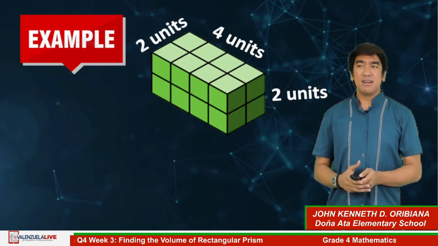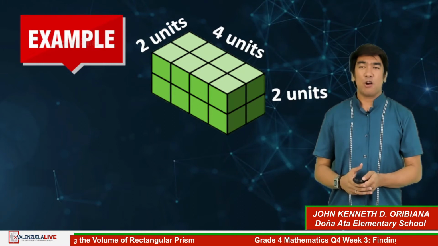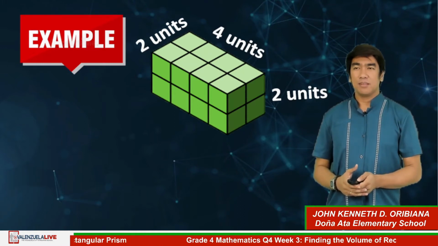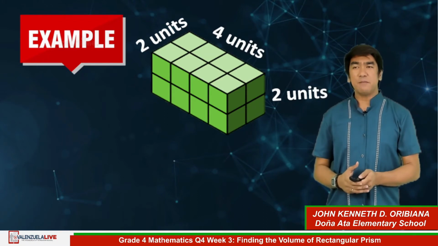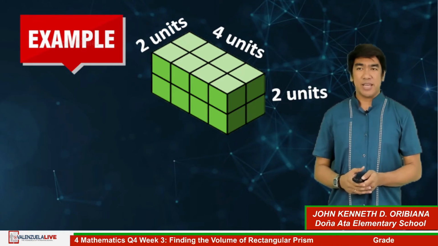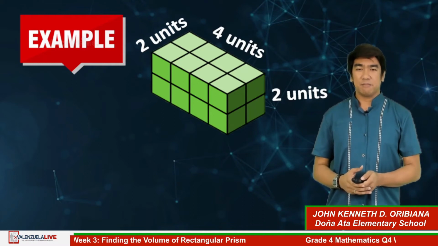I have here an example for you to find the volume of a rectangular prism. I have here a rectangular prism that measures 2 units by 4 units by 2 units. So what do you think is the volume of this rectangular prism?